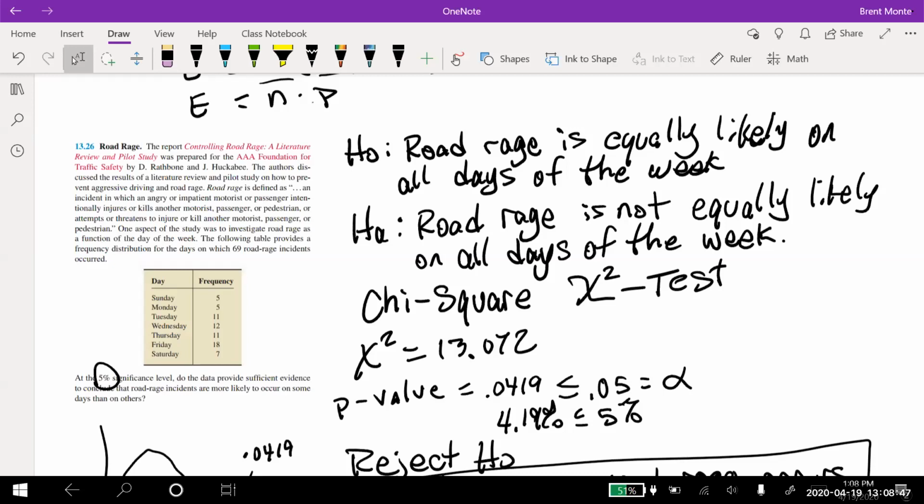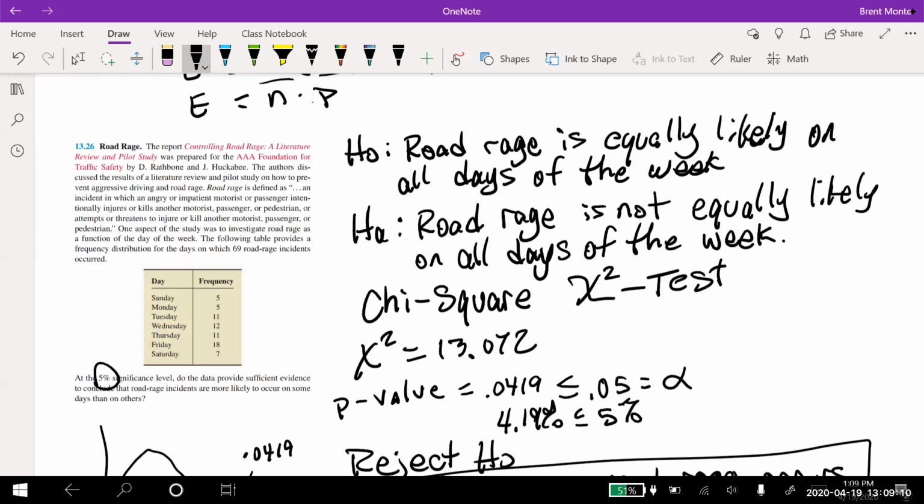When we look at the null hypothesis, we have to assume that all the days are equally likely. So the null hypothesis: road rage is equally likely on all days of the week. And the alternative: road rage is not equally likely on all days of the week.